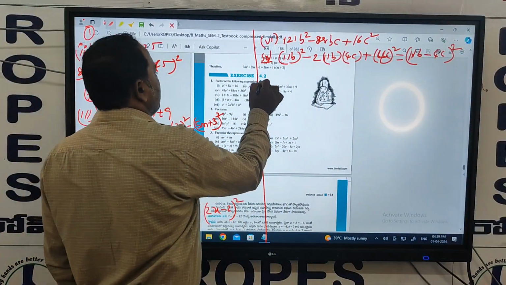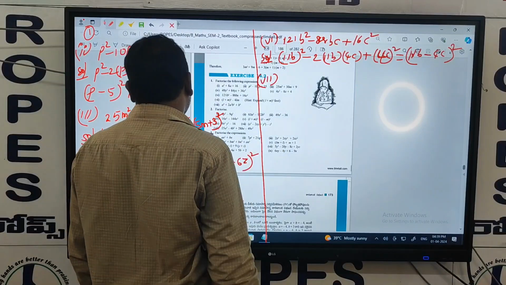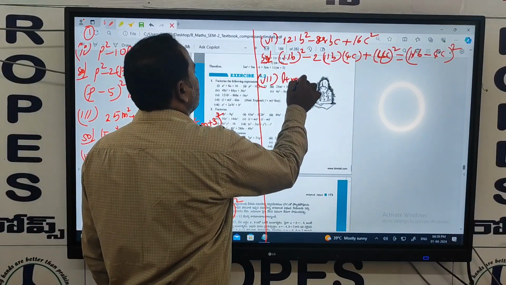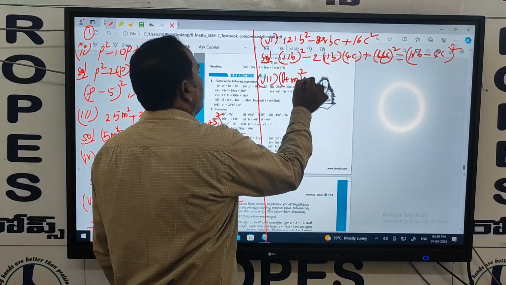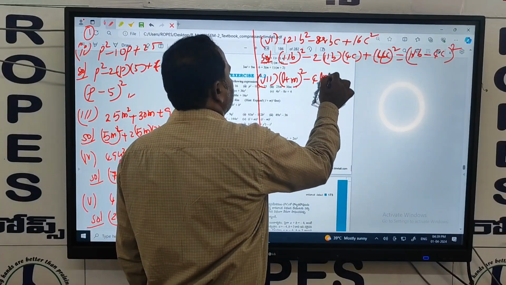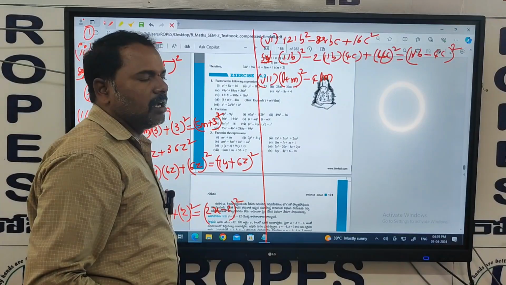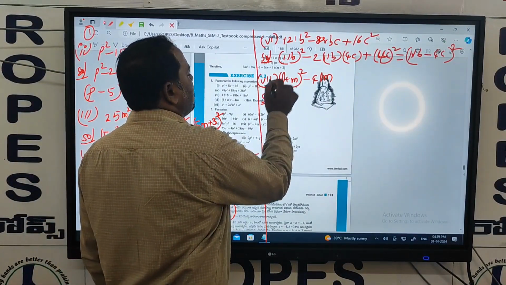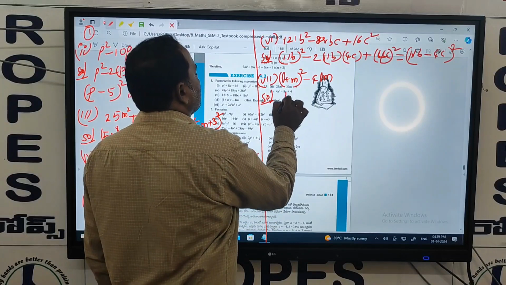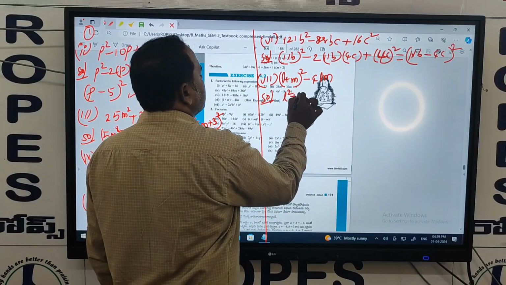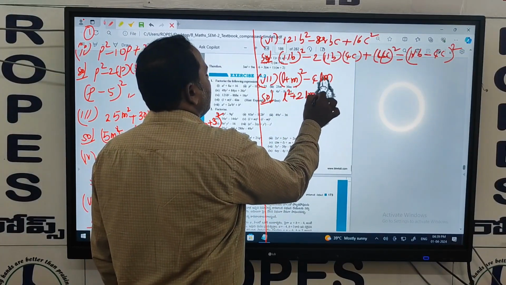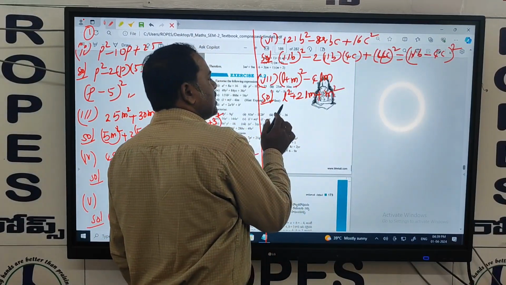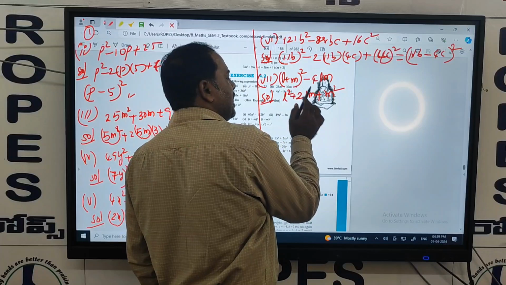Okay, now the seventh sub-question, (l plus m) whole square minus 4lm. This type of problem is very important. Observe carefully here. It is in the form of (a plus b) whole square. So a square plus 2ab plus b square, in the place of a, l is there, and in the place of b, m is there.